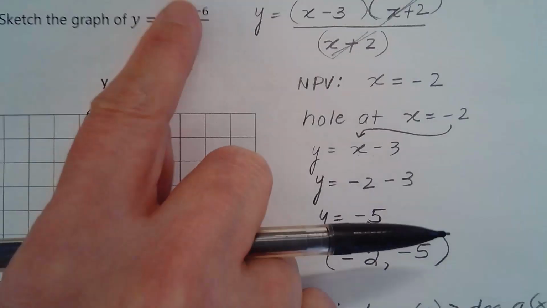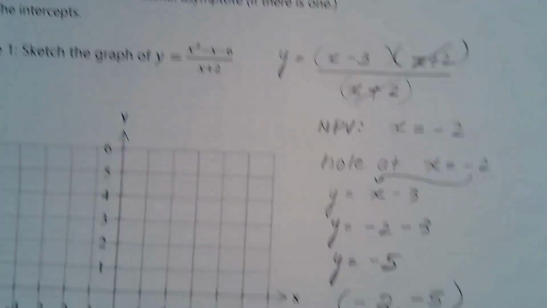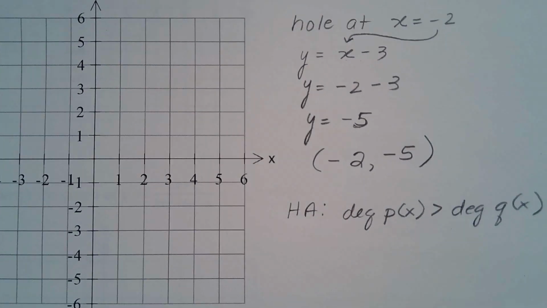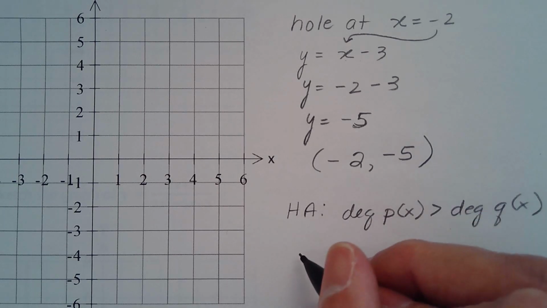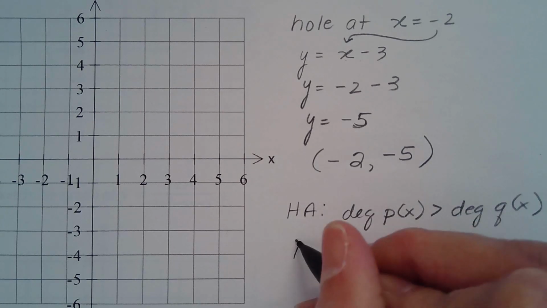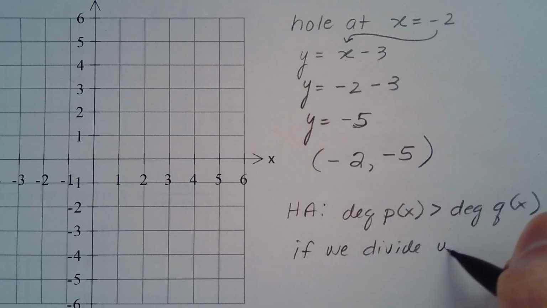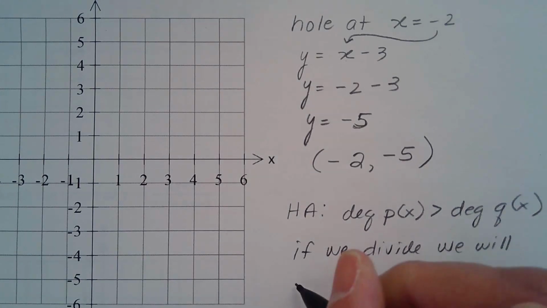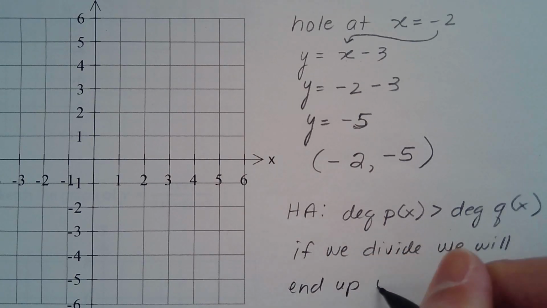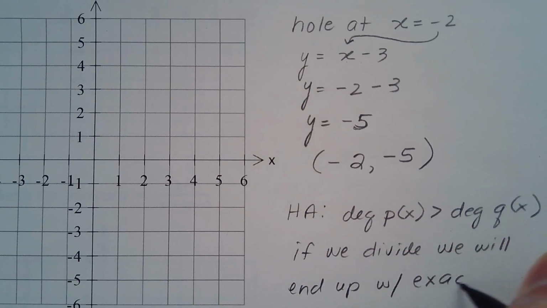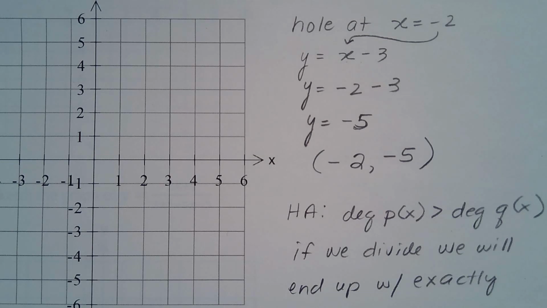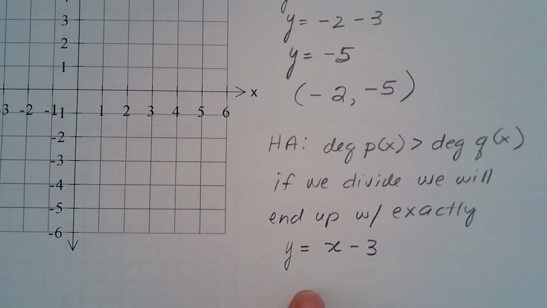So if we divide those two, we end up with exactly y equals x minus 3.